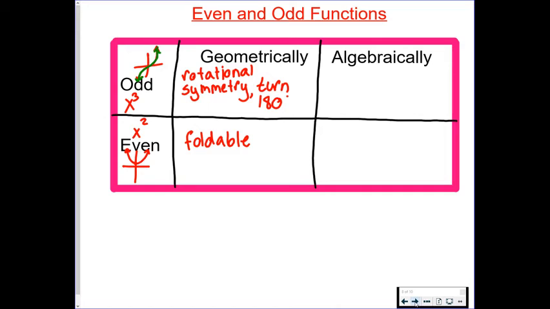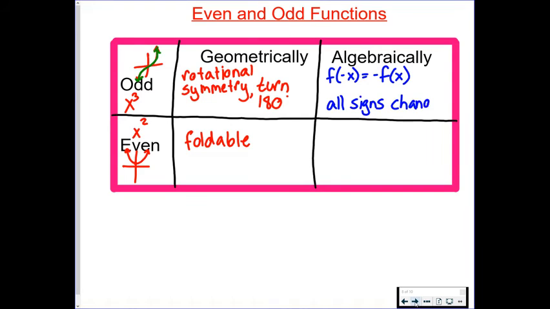And all you basically do is look at the signs. So you're going to take f of negative x, so plug in a negative everywhere you see an x, and see if it equals negative f of x. So see if I plug in a negative wherever there's an x, see if it's the same thing as multiplying the function by a negative, which meant all signs changed, right?